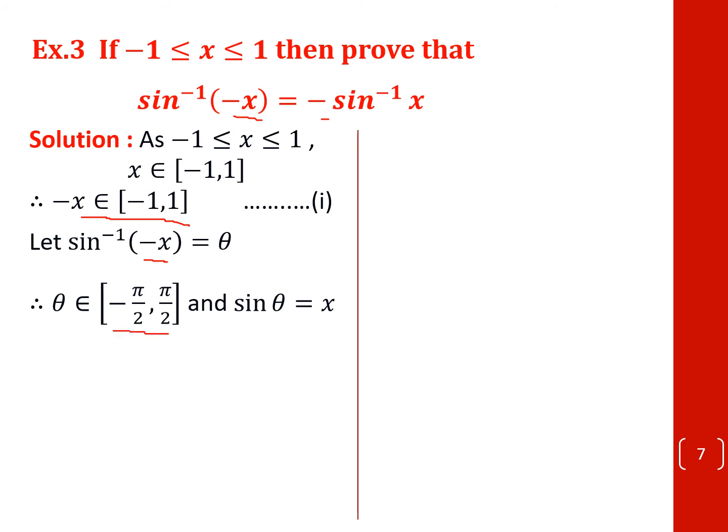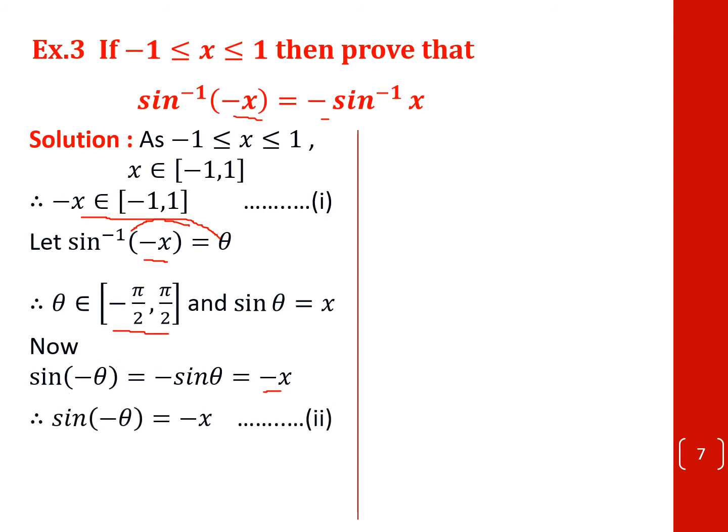And we can write it as sine theta equals x. Therefore, sine of minus theta equals minus sine theta, which is equal to minus x. Therefore, sine of minus theta equals minus x. Call it equation 2.